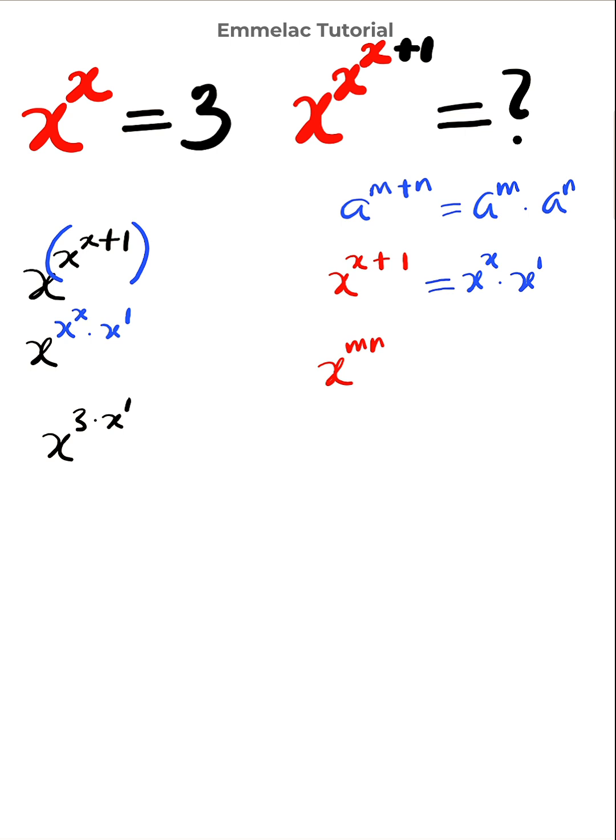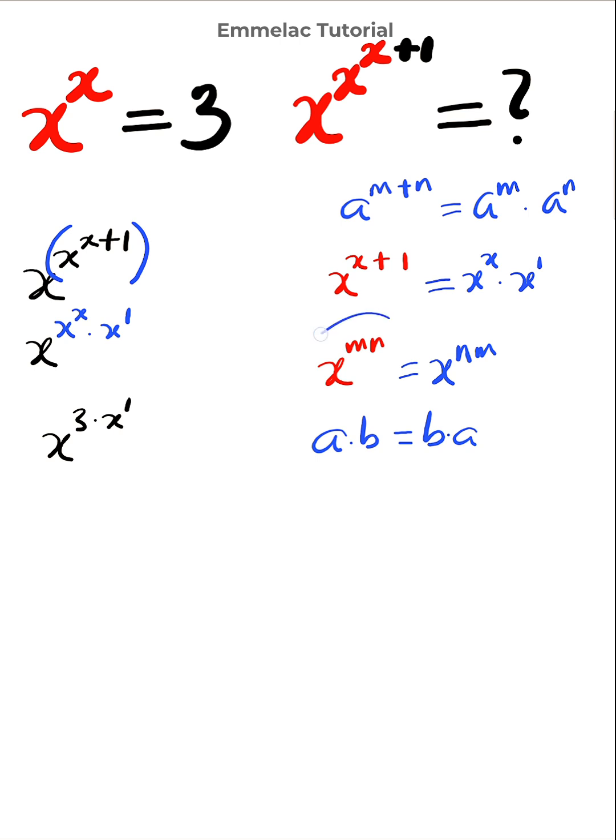Now what do I mean by that? It means if I have a times b, this is the same thing as saying b times a. So if that is true, this can be written as x raised to n times m.